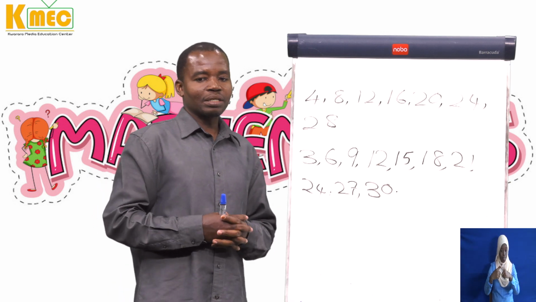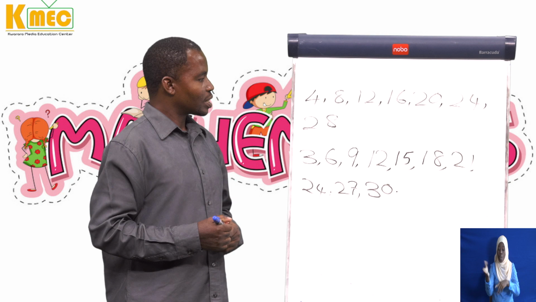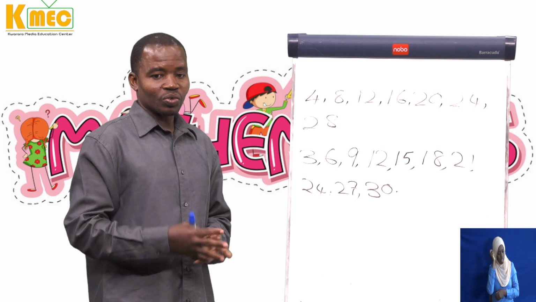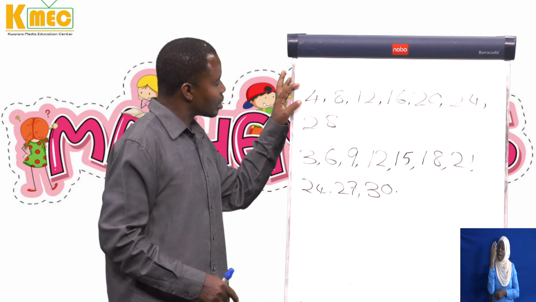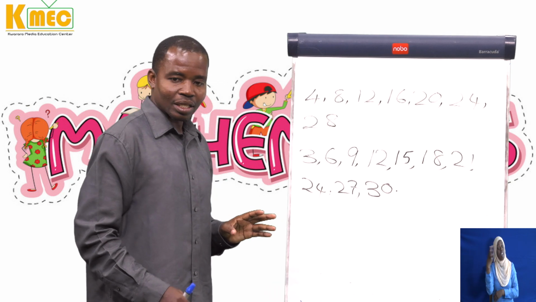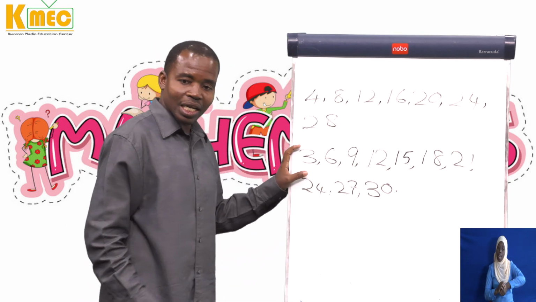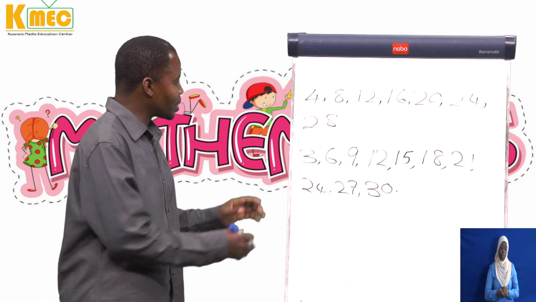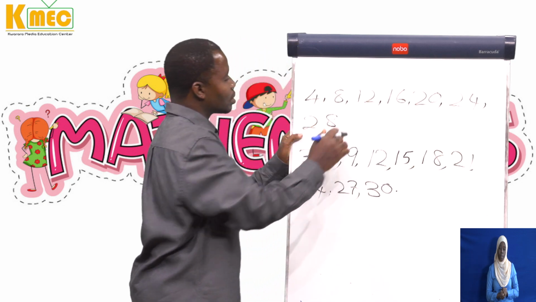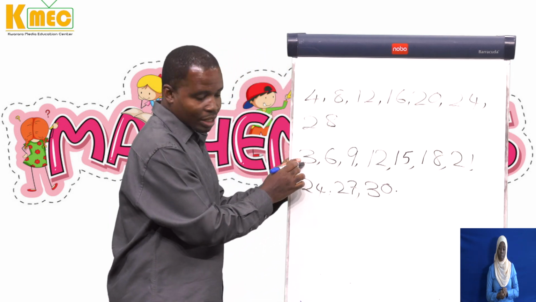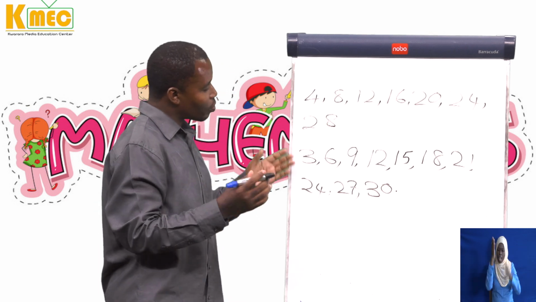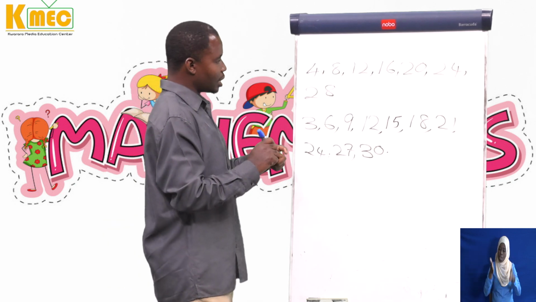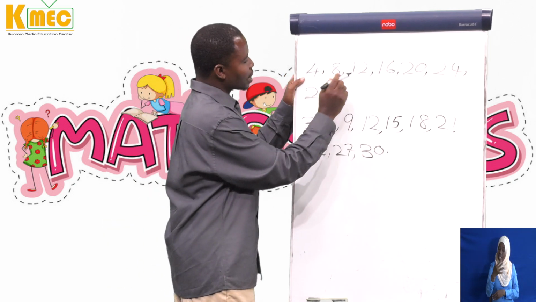Now, let us look at how to find the common multiples of two numbers. Do you remember the numbers? The numbers are 4 and 3. The common multiples of 4 and 3 which are less than 31. So what are the common multiples? We just pick from the list of 4 and the list of 3. There is the number 12.